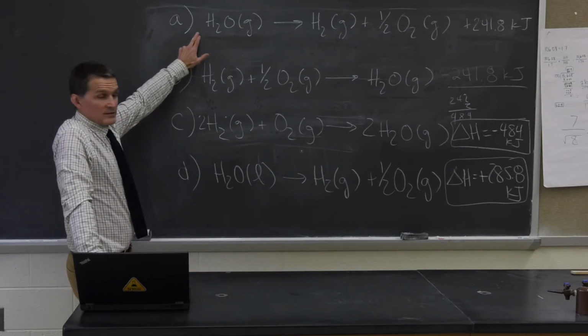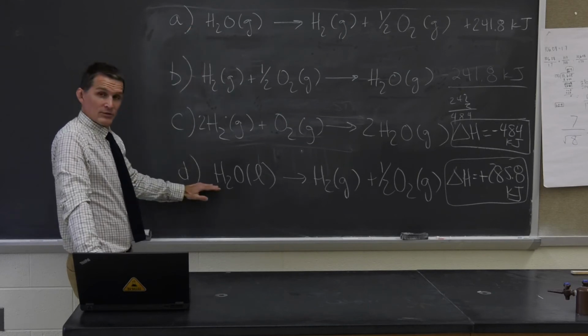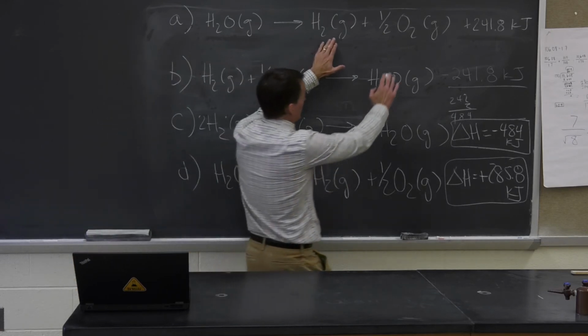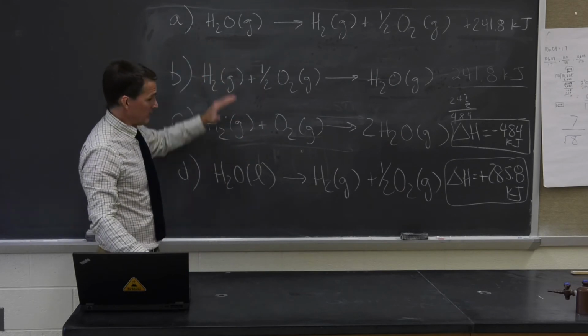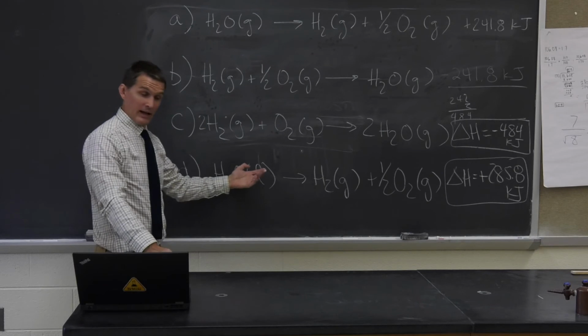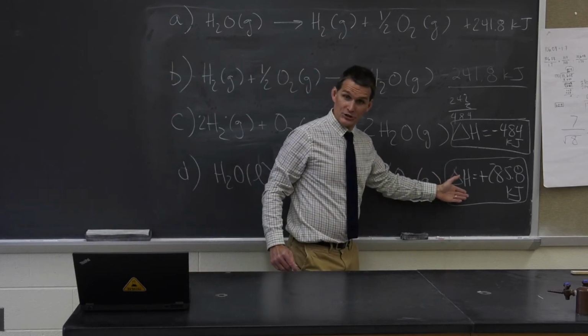Well, in this case, we're starting with a gas. In this case, we're starting with a liquid. So while the products are identical, the reactants that we're starting with are not. And if you start with different reactants in a different state, it's going to be a different energy change.